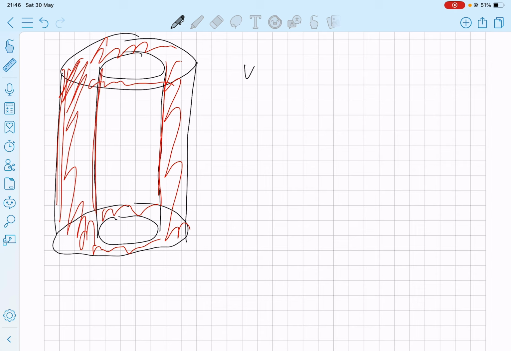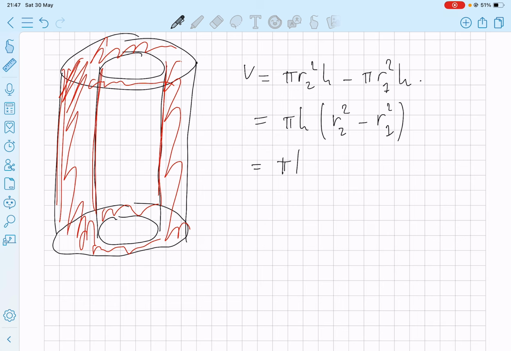So the volume will equal pi r2 squared h minus pi r1 squared h, and we put pi h outside, and inside the bracket we have r2 squared minus r1 squared. Then we can simplify this using the algebra formula. It will be pi h times (r2 minus r1)(r2 plus r1).